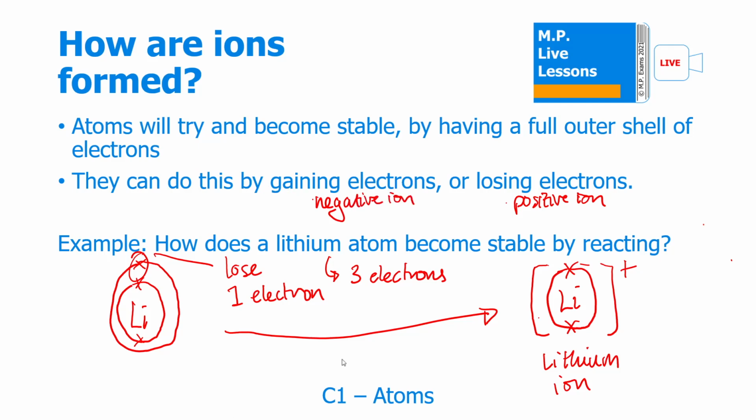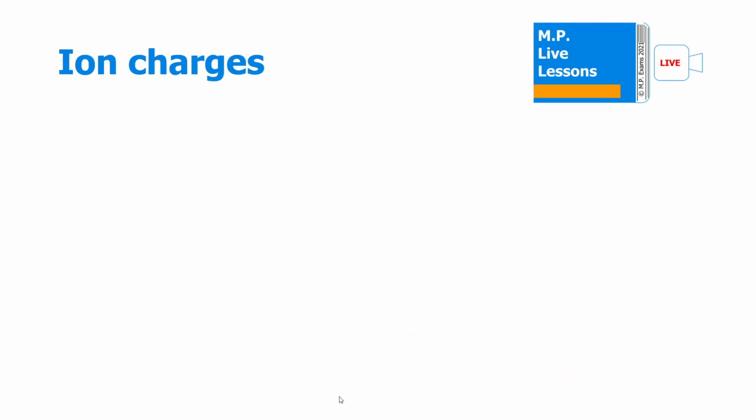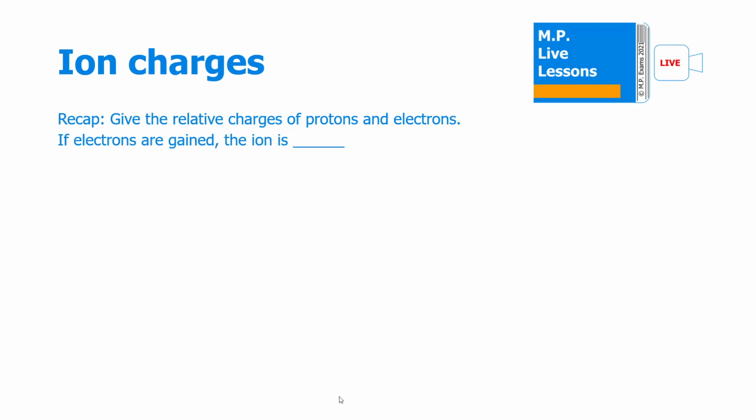Now, as a result, you'll need to know about ion charges. So, what we know is that the protons and electrons in an atom have some charges. So if electrons are gained, as I said, the ion is negative, whereas if electrons are lost, the ion becomes positive.